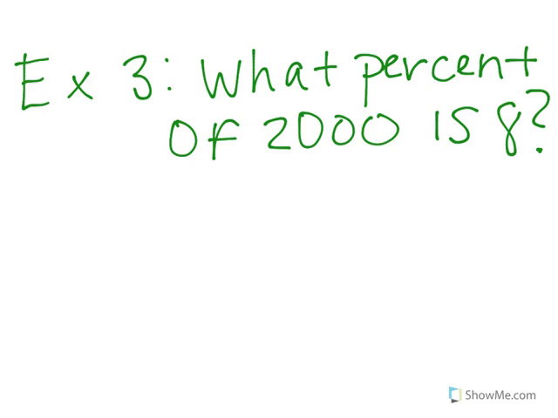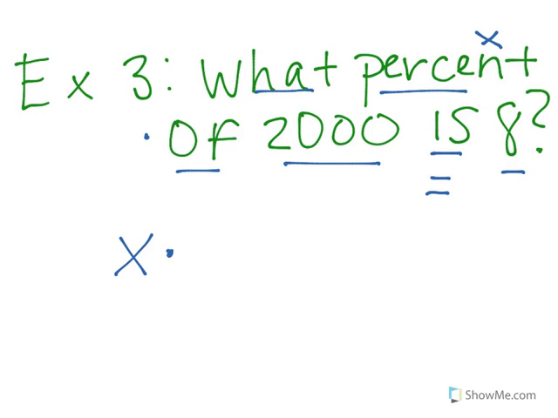Example 3, what percent of 2,000 is 8? So again, what percent, that's what I'm solving for. That's my variable X. "Of" is going to mean times, 2,000. "Is" is going to mean equal sign, and then 8.